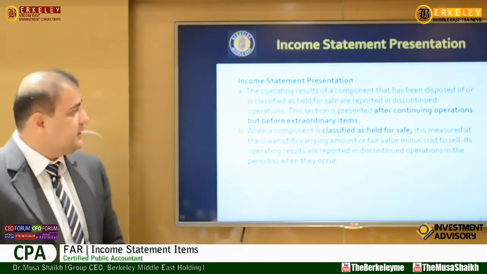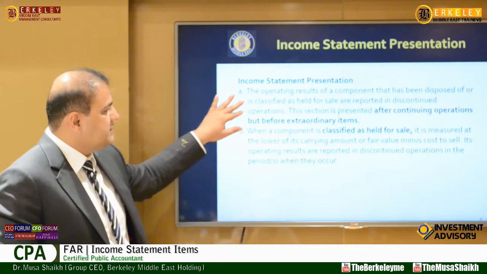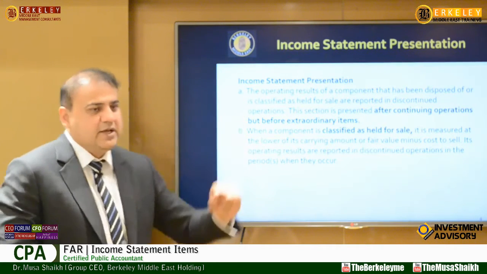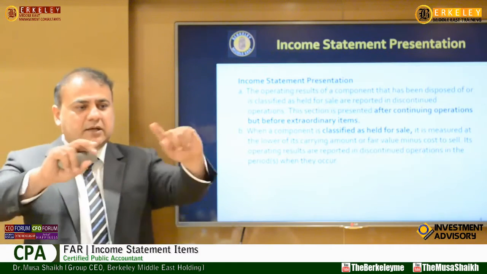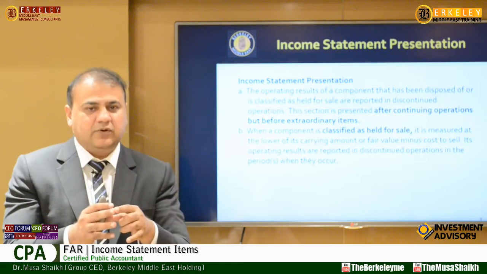How to show it in the income statement? He says that operating results of a component that has been disposed of or is classified as held for sale are reported in discontinued operation. So you make a separate heading, and you bring all the income and expenses of that discontinued operation.